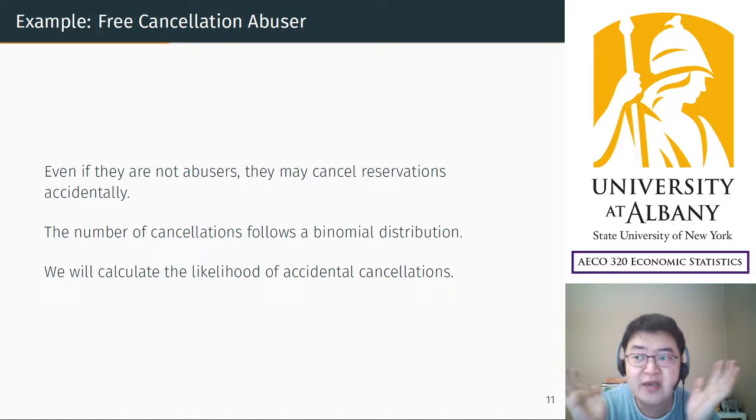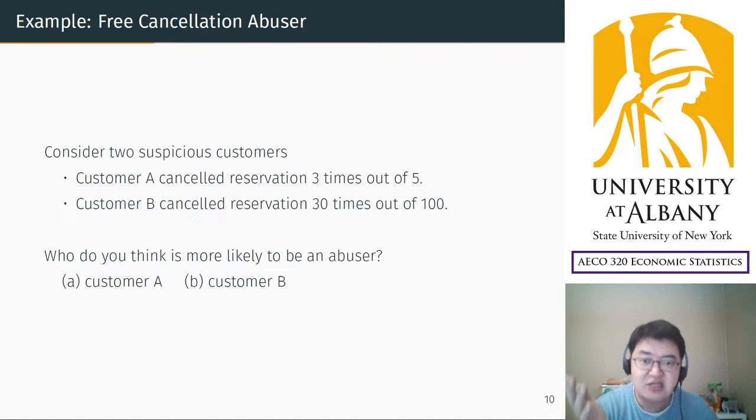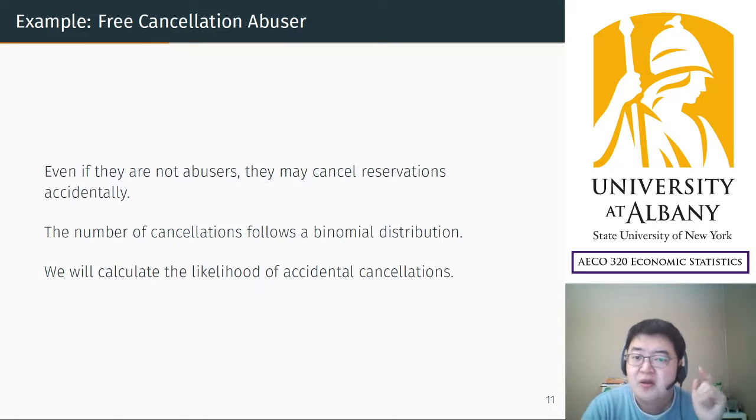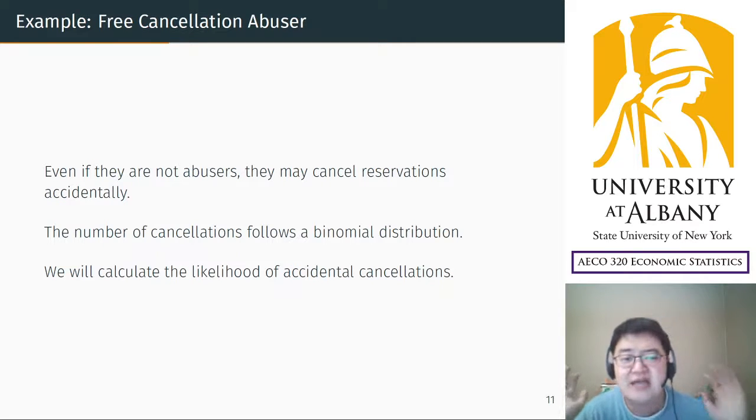So first, we have to admit that we don't know if they are abusing or not. This is all we observe as the airline. The airline company only observes who is canceling and who is not, how many times they canceled, but they don't know why they are canceling. So they don't know if it's abuse or not. Even if they are not abusers, they just happen to have to cancel their reservations for other reasons.